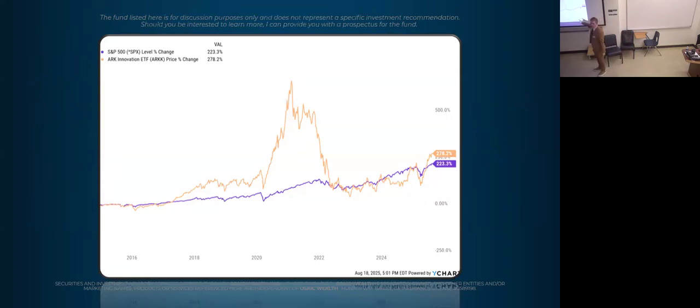Purple's going to be the S&P 500. And orange is going to be the ARK Innovation ETF, which was Cathie Wood's predominant flagship product at the time. Now you can see that, okay, we're doing all right. Yeah, it dropped a little bit more, but then it's doing better. Our beta's pretty high, but it's performing as we think it should. And then, oh my, holy crap, it just goes flying.